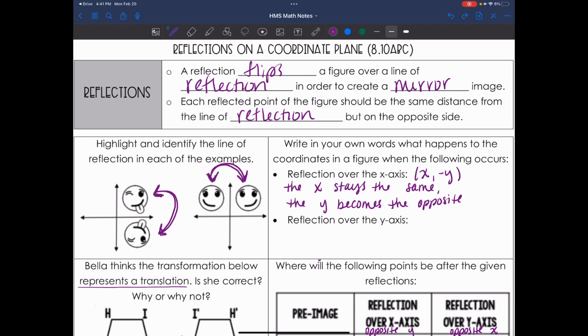If this doesn't make sense yet, give it a second. Reflection over the y-axis, find the opposite of the x. The x becomes the opposite, the y stays the same. Again, if it doesn't make sense yet, it's all good because we're about to get into it. If you reflect over the x, find the opposite of the y. If you reflect over the y, find the opposite of the x.